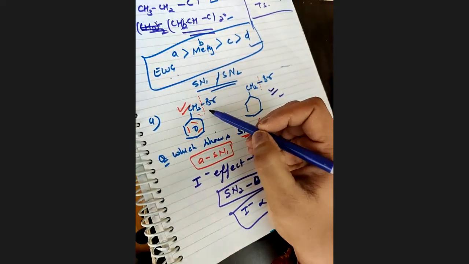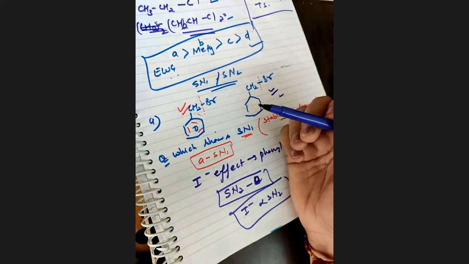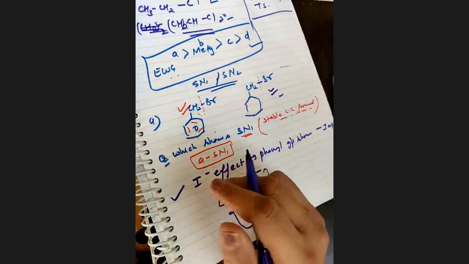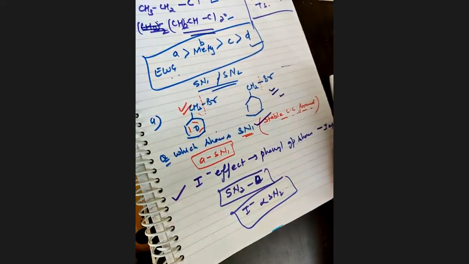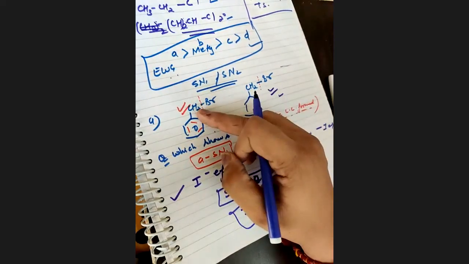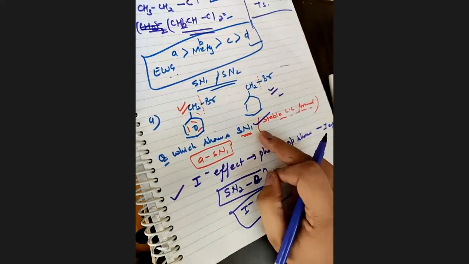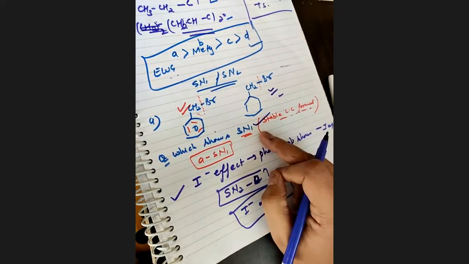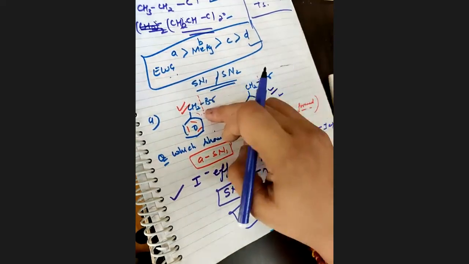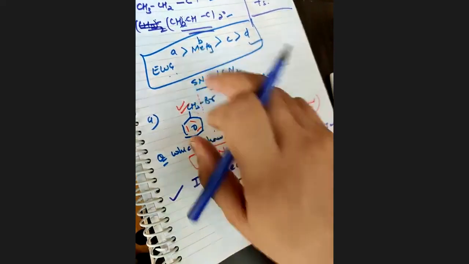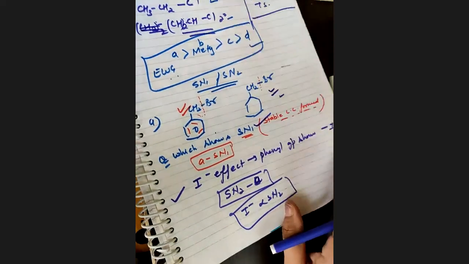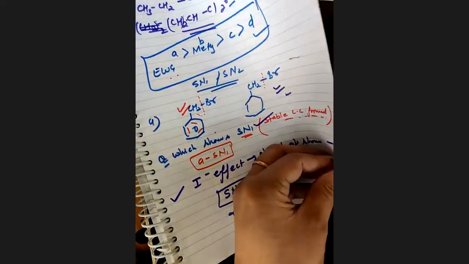If you have this type of arrangement where a minus I effect is there as well as a stable carbocation, it means that if it shows minus I effect, it will show SN2, and if stable carbocation formation takes place, it will show SN1 reaction. So in this, both SN1 and SN2 are shown by A. Okay, one more example. These are known as exceptions, so you must learn about the exceptions.